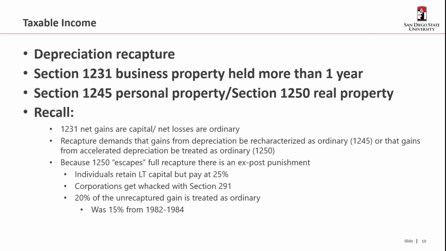Corporations, on the other hand, when they sell Section 1250 property and none of it is subject to full recapture, they get whacked by Section 291, which says pretend it was 1245 property, take 20% of the gain you would have treated as ordinary and recapture that as ordinary. And notice that back many, many years ago, that was 15% that was recaptured. That clearly hasn't been the case for a good long while now.